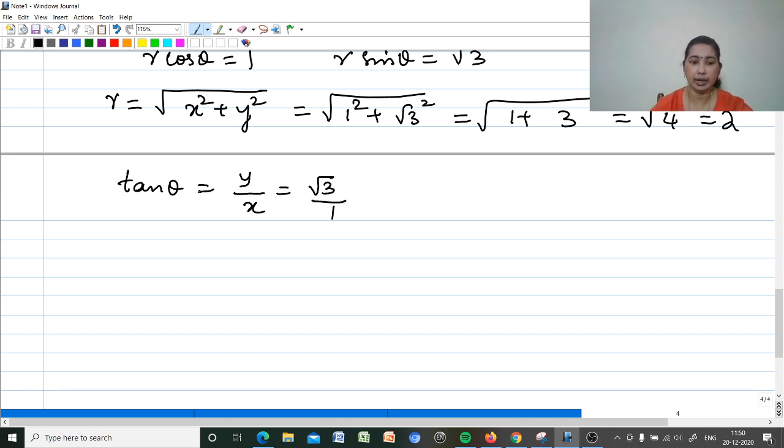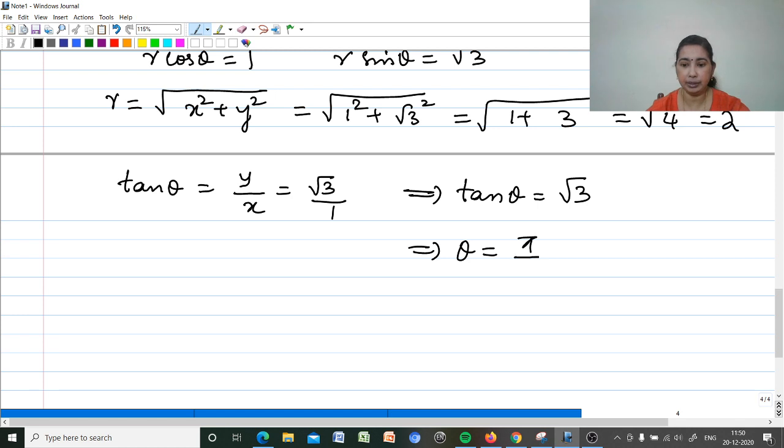So we are getting tan theta equal to root 3. For which value of theta do we get root 3? Tan 60 is root 3. That means theta is equal to pi by 3.